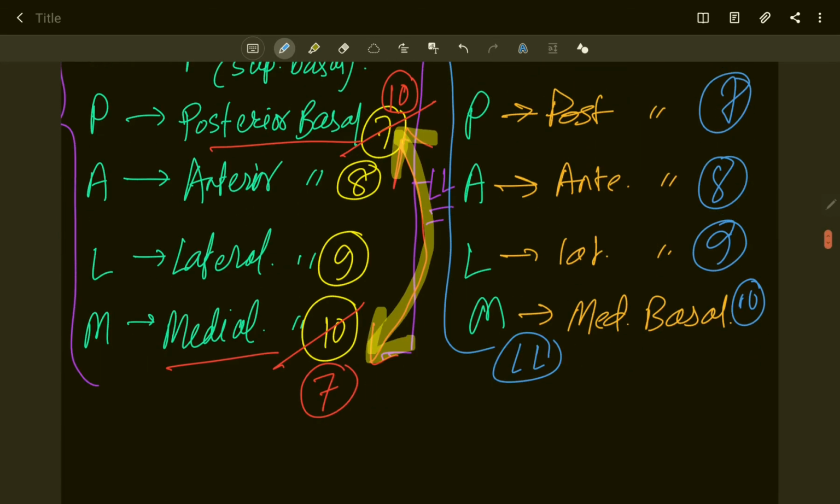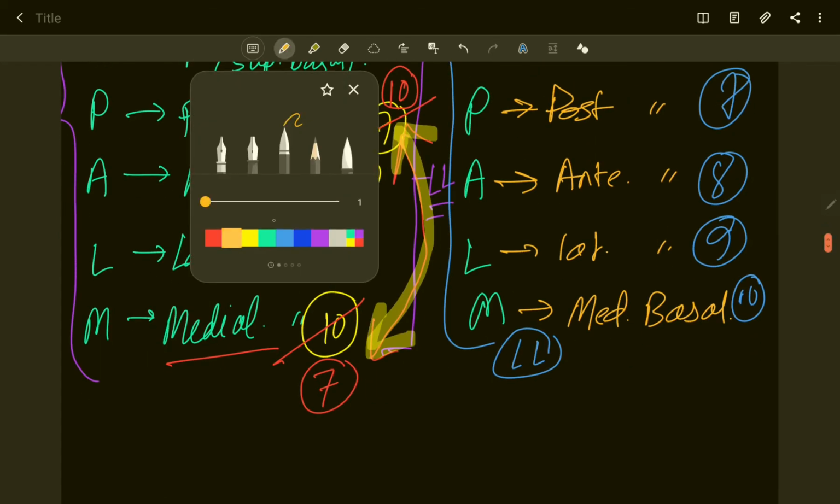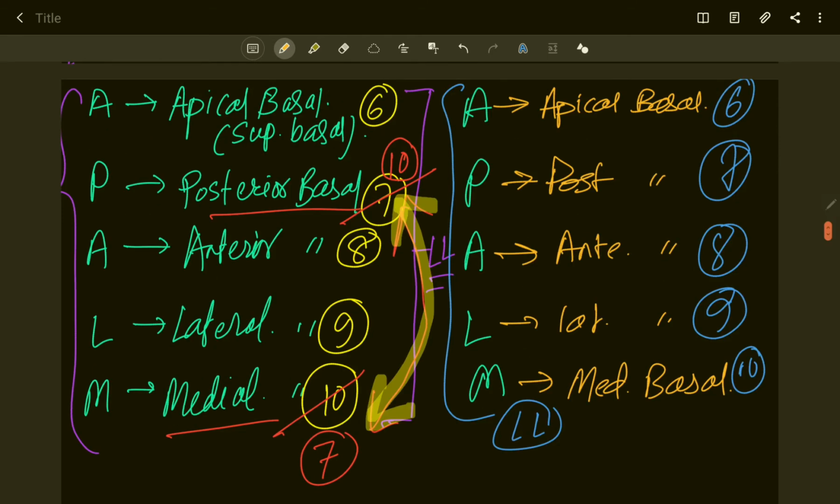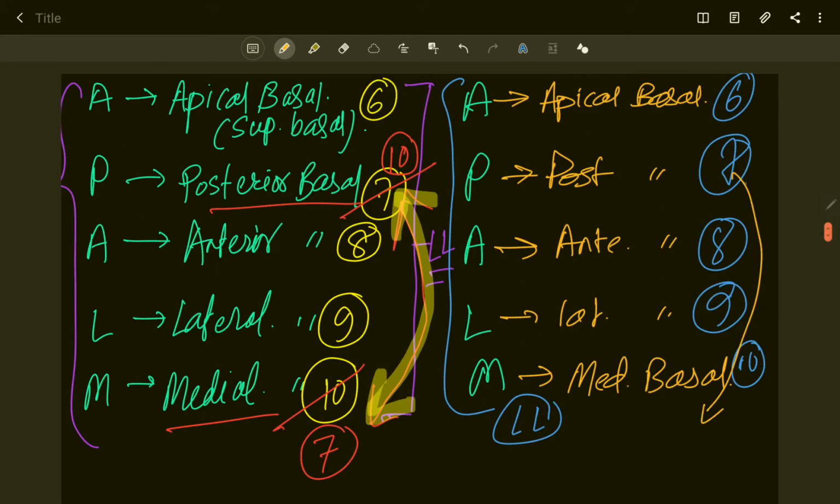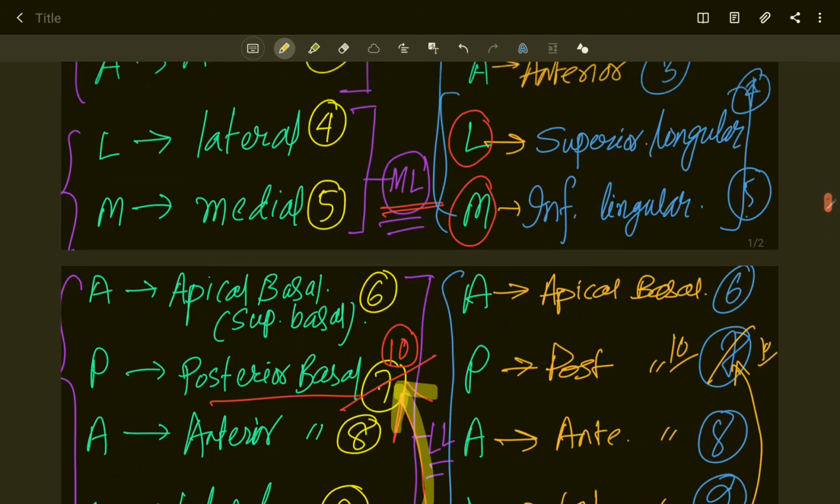Just interchange 7th with 10. Cut the 7 and write 10 here, and cut the 10 and write 7. Okay, so this is about the left.